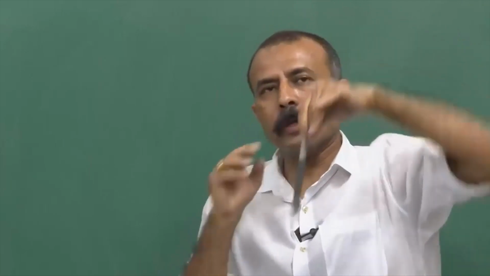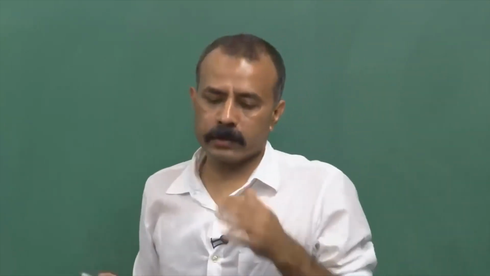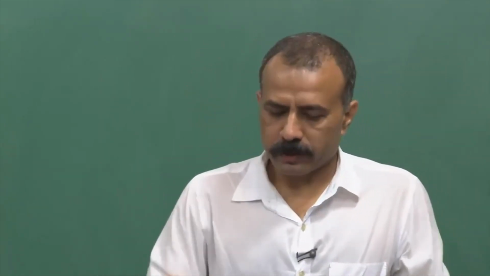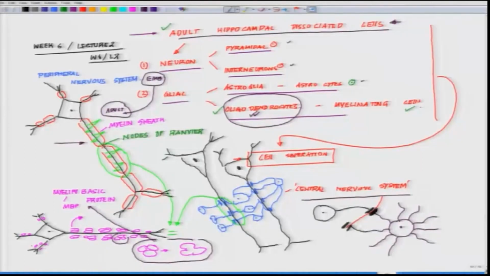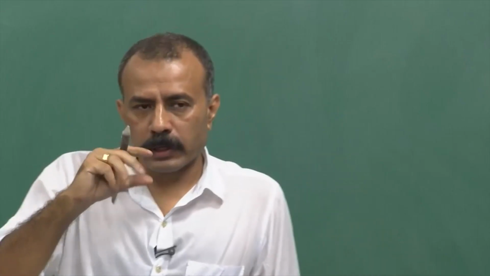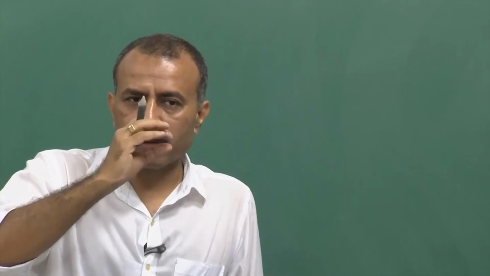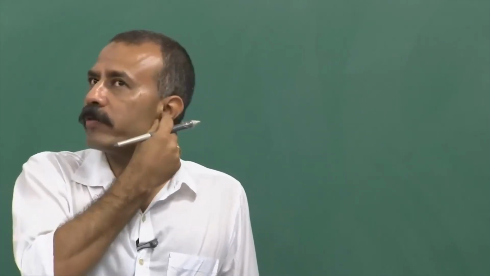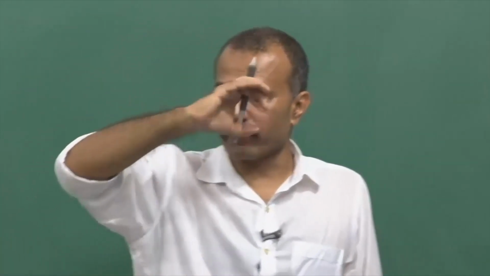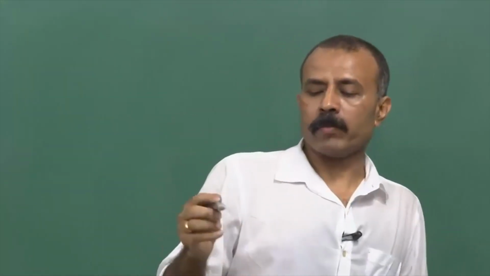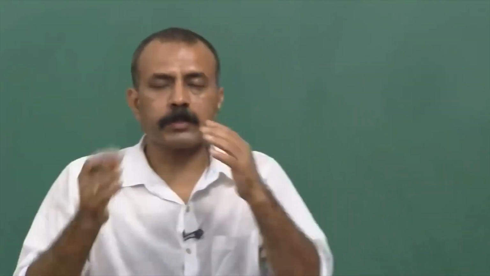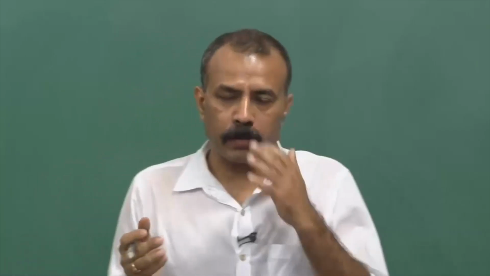Slowly, using multiple oligodendrocytes, it will myelinate the central nervous system neuron. The processes of central nervous system neurons do not become as thick as the peripheral nervous system neuron, where you have a thick coating and covering, because central nervous system has a limited space to expand. It cannot expand beyond it.